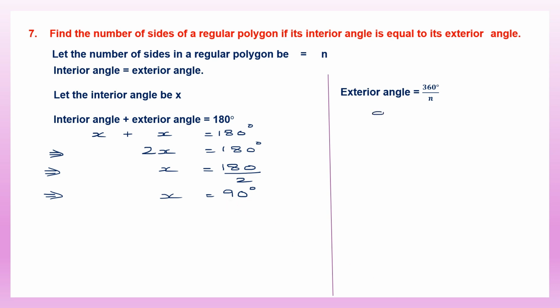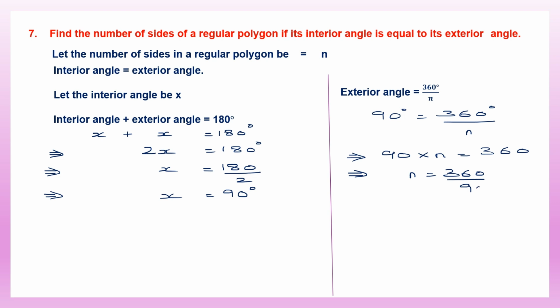So here we can say 90 degrees is equal to 360 degrees divided by n, where n is the number of sides. Now take n to the other side, it becomes 90 into n is equal to 360. Now we're going to find only n, and n is equal to 360 divided by 90.